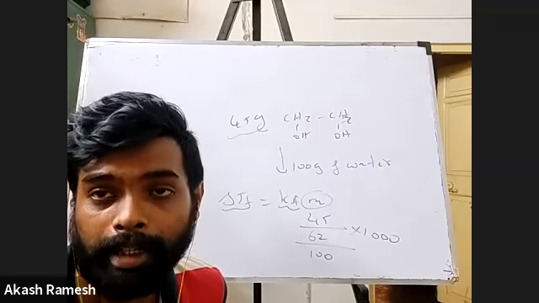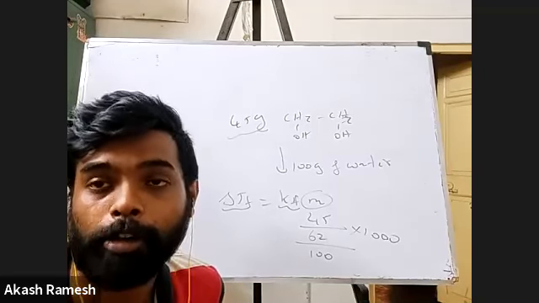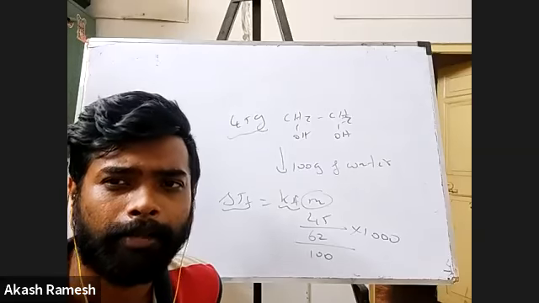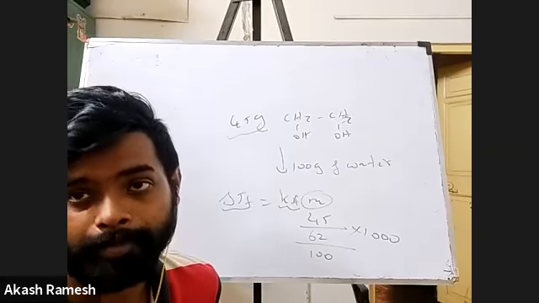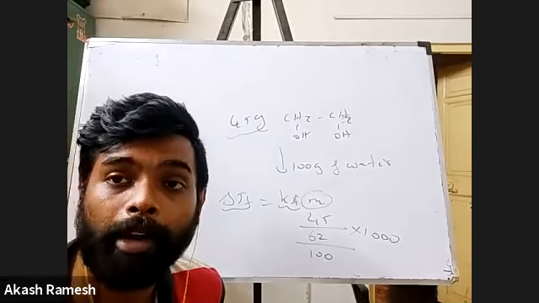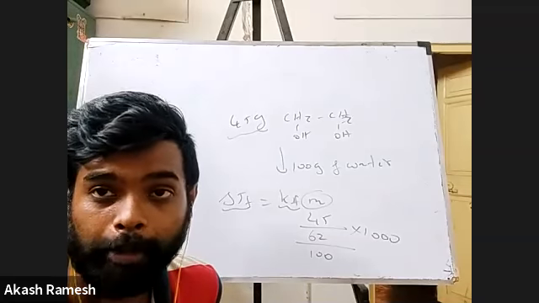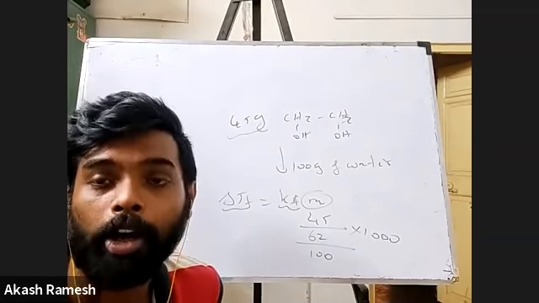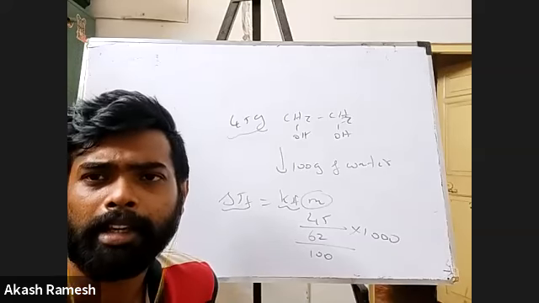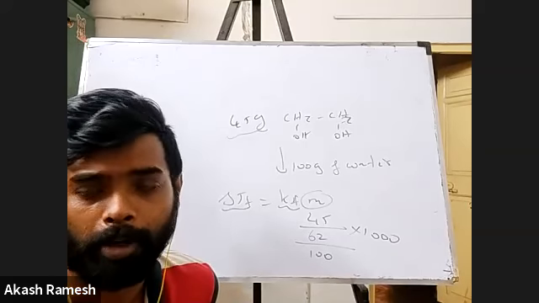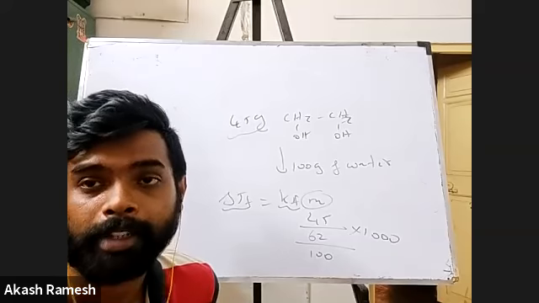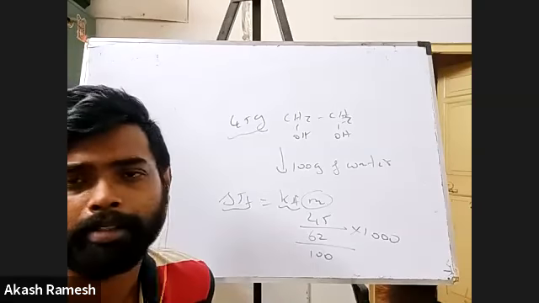You have to tell whether it is going to form a maximum boiling azeotrope or a minimum boiling azeotrope. And I asked you to remember the examples given in the textbook for maximum boiling and minimum boiling azeotropes, and accordingly you have to answer the question. I think here in this case it is going to form a minimum boiling azeotrope, if I'm not wrong. But please check it. So you have to tell that when these two are mixed, it is going to form an azeotrope, and what kind of azeotrope it is. That's all you have to answer. Nothing else. Understood, sir?